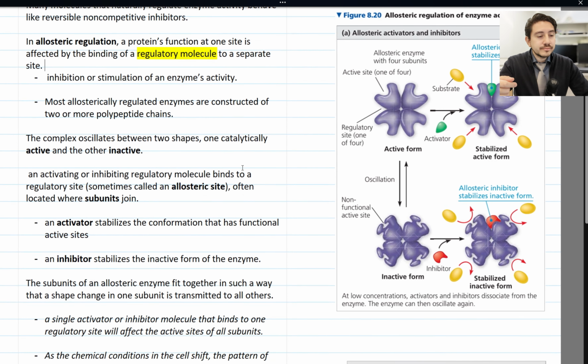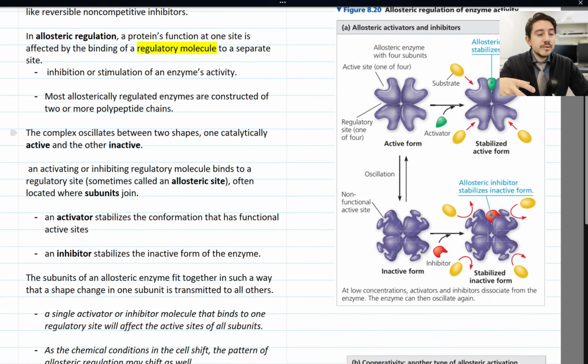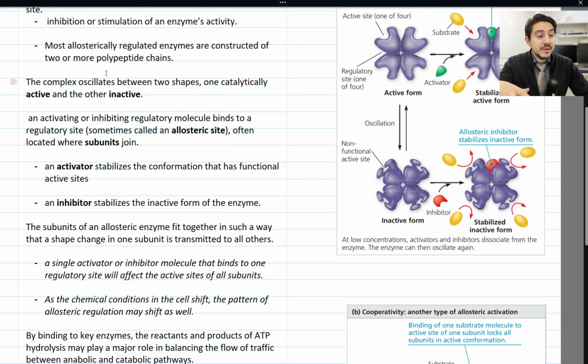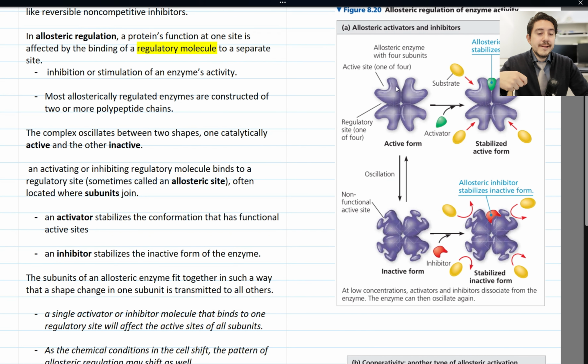The complex with these regulatory molecules can oscillate between a catalytically active form and an inactive form. An activating or inhibiting regulatory molecule can bind to the regulatory site. This regulatory site is usually called the allosteric site, which is a more technical term to note. Your allosteric site.